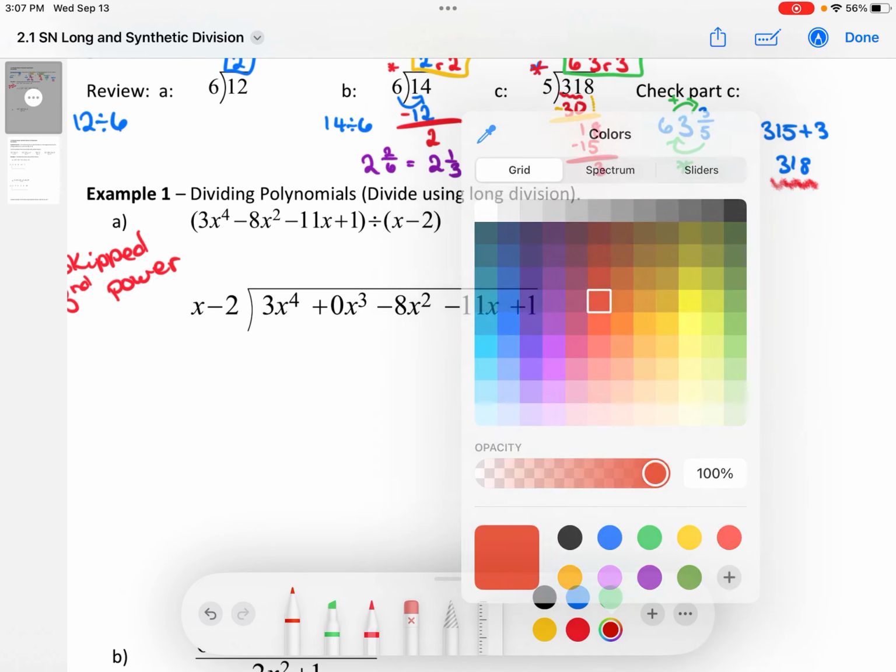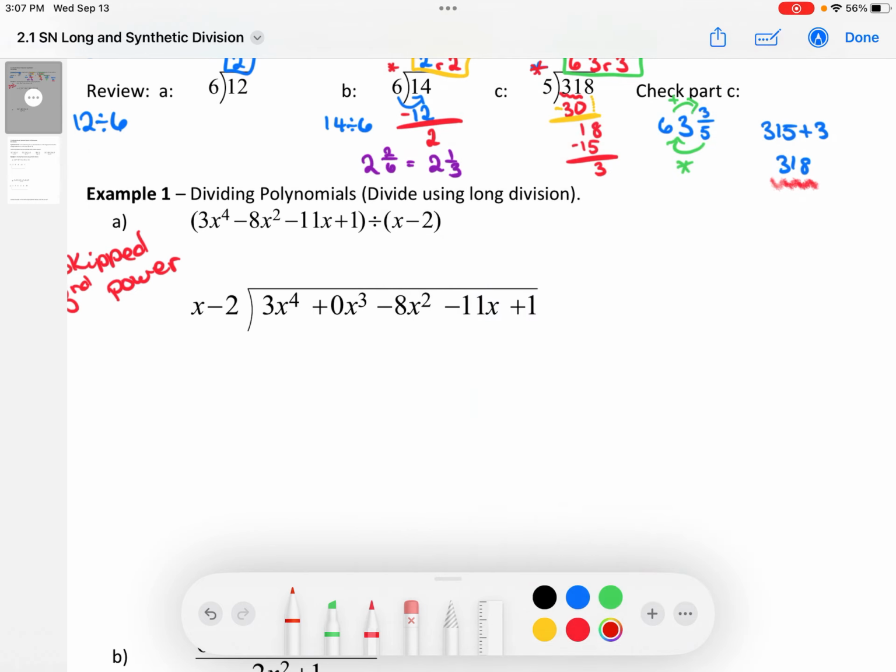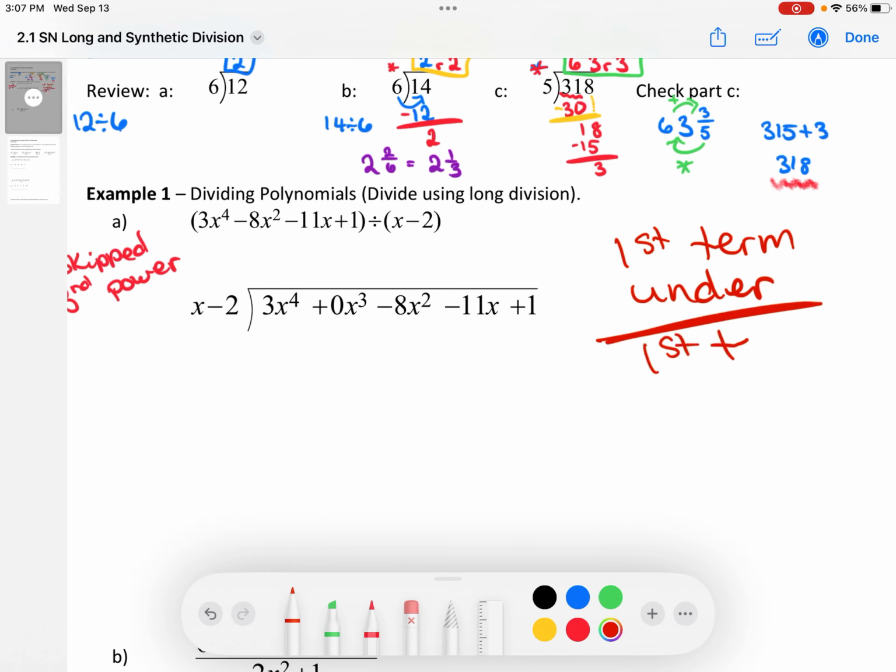And here's the trick to this division. We take the first term under the symbol and we divide that by the first term on the outside. And that is how we get the result that's on top.